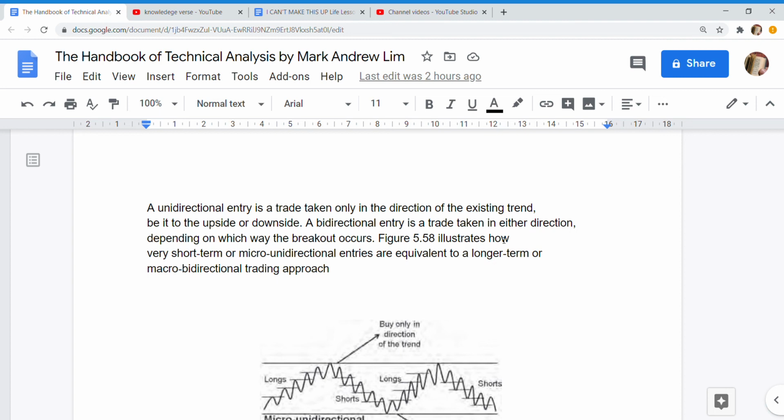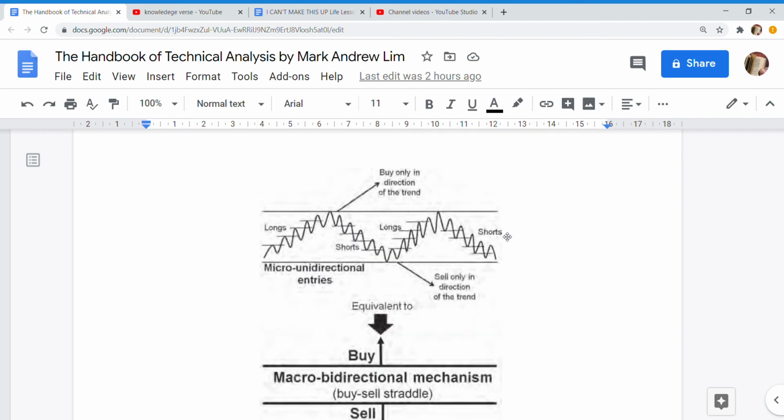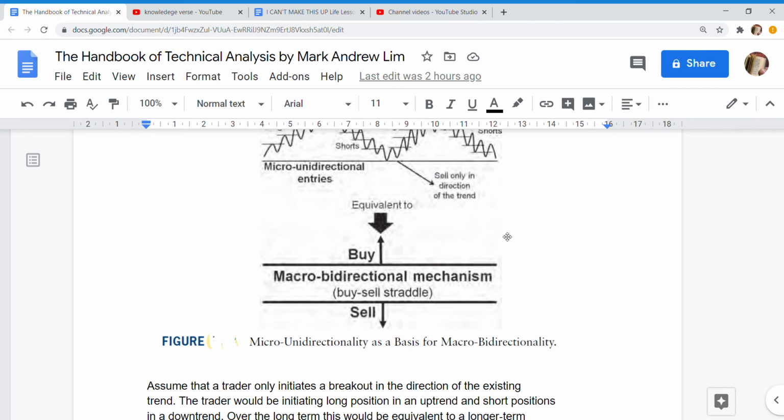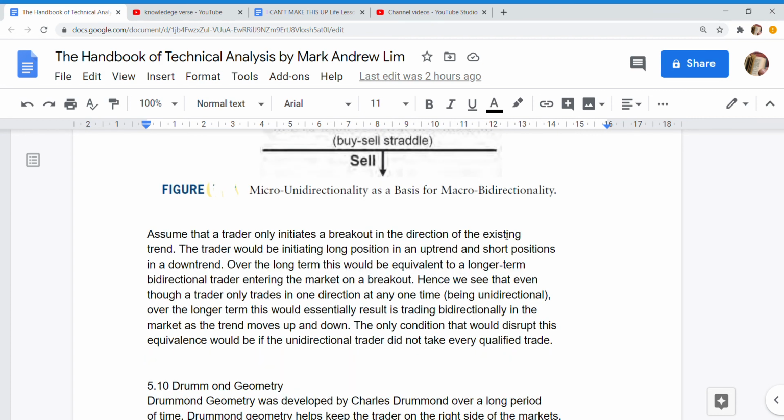Assume that a trader only initiates a breakout in the direction of the existing trend.